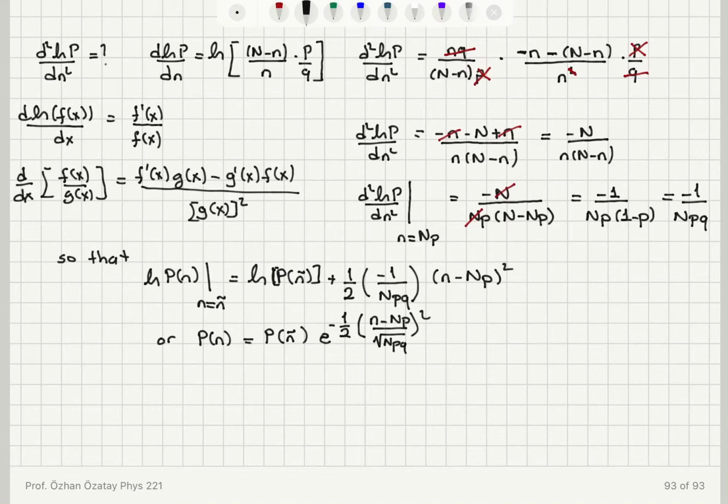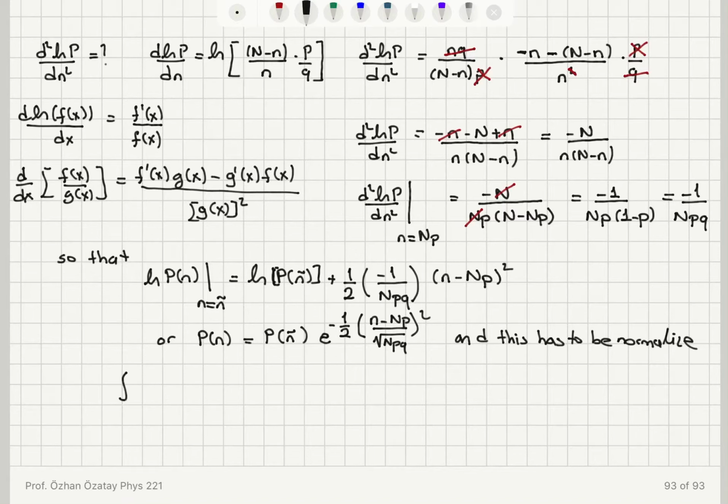And what I have obtained here has to be normalized. For this to work, this has to be normalized to operate as a probability distribution function.